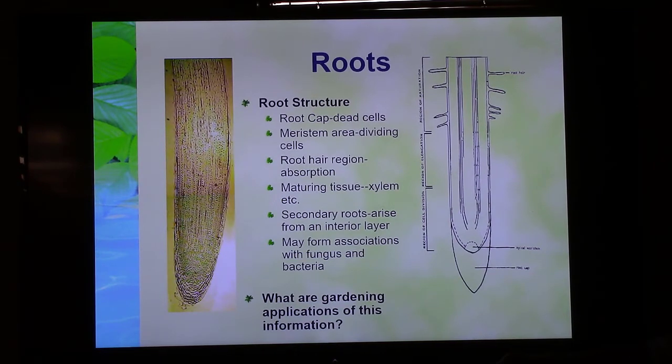And there are some products on the market now where you can actually inoculate soil with mycorrhiza fungus. And in some places you can even get potting soil that's got mycorrhiza built into it, and that's a good thing. So, all right.